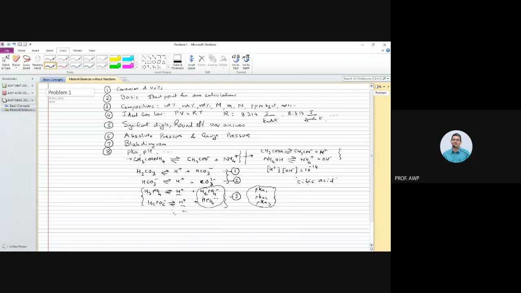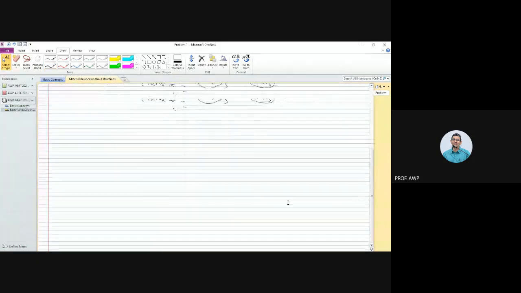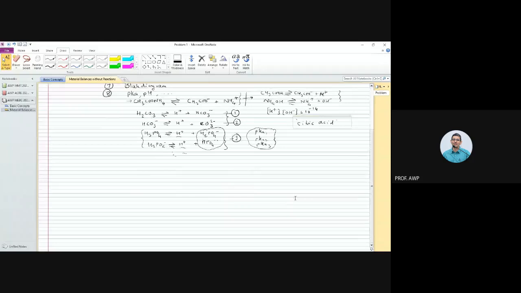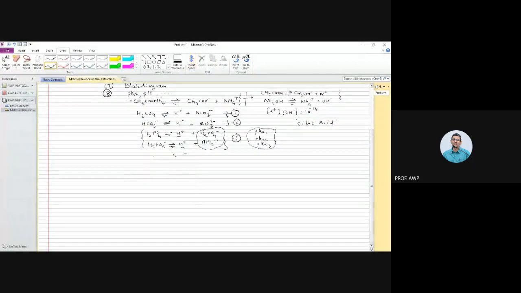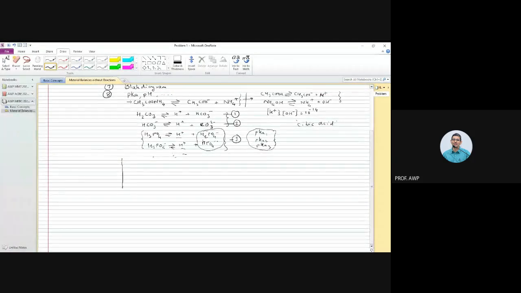And the degree of dissociation: if you think about the carbonate ions, if you go to very high pH, then even the second dissociation will happen. So for example, if you plot pH versus degree of dissociation.